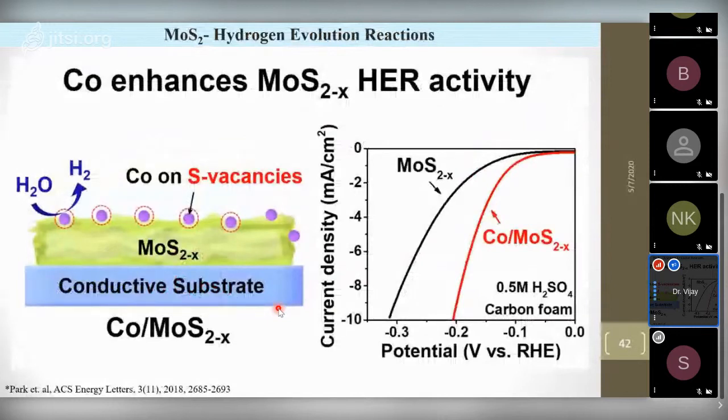This is why I wanted to show this. As you might remember, I have tried tungsten doping with MoS2. Of course, my original plan was to get cobalt doping into MoS2 to make it active for the hydrogen evolution reaction. But it's very hard.